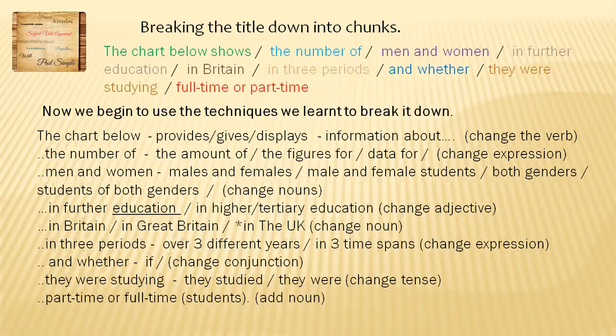So we have the chart below shows the number of men and women in further education in Britain in 3 periods and whether they were studying full-time or part-time. So there's all our chunks.